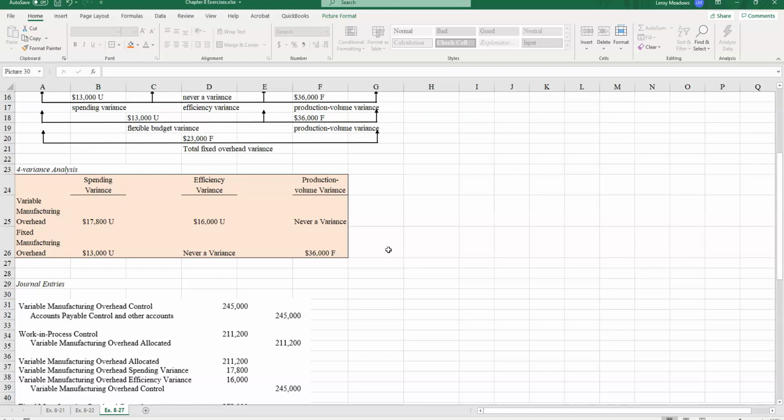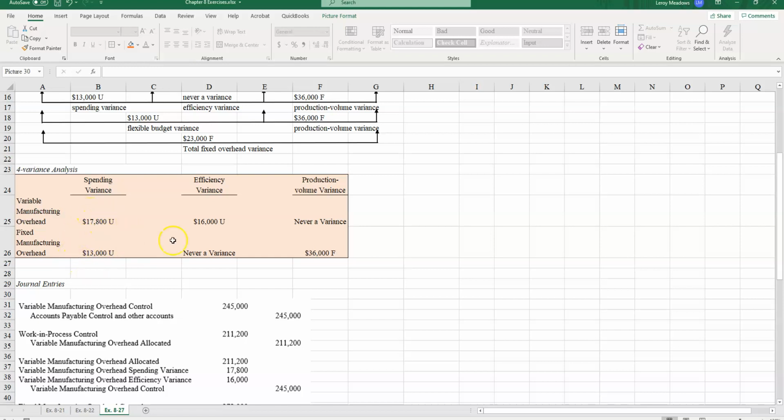So we're netting together. What is my total spending variance? My total spending variance is going to be the sum of, or the netting together of, the spending variance between variable and fixed manufacturing overhead. So we're going to net those two together, and in this case, since they're both unfavorable, we'll add those. And that'll give me my total spending variance.